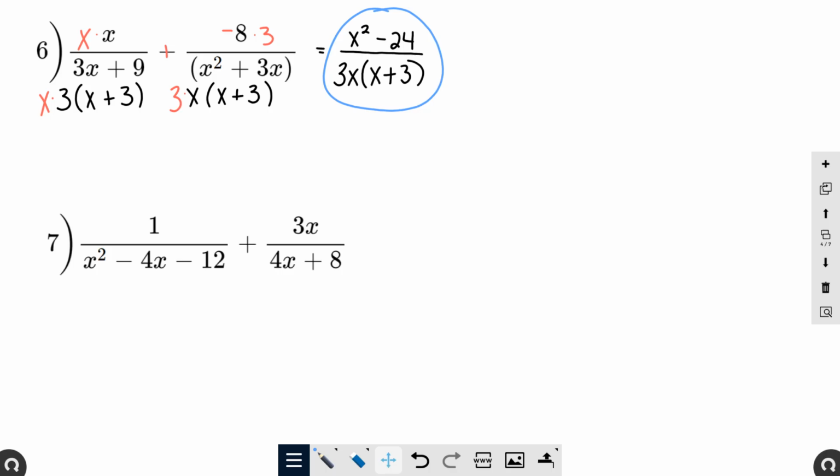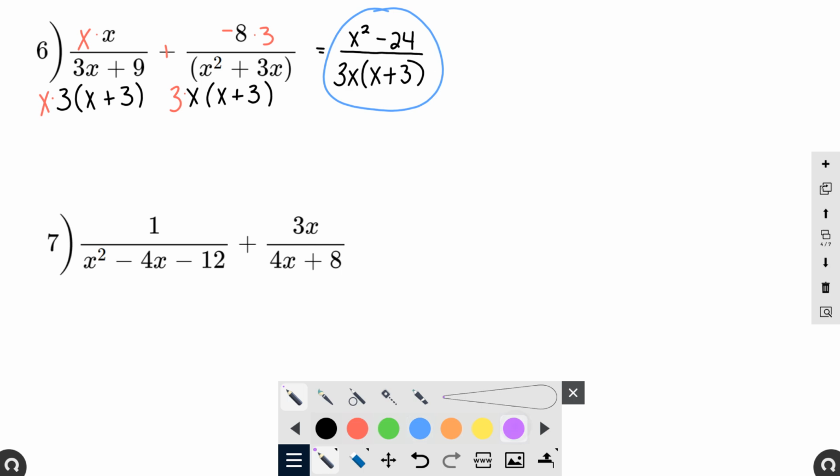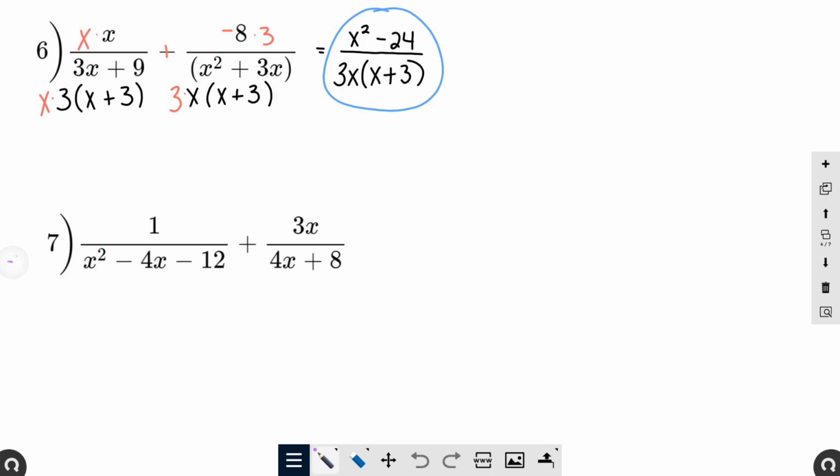So let's go ahead and start factoring our denominator. What kind of denominator do we have first? Short trinomial. So to the side, you can do what multiplies to be the last and what adds to be the middle.